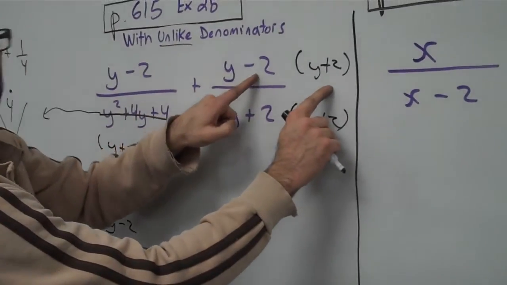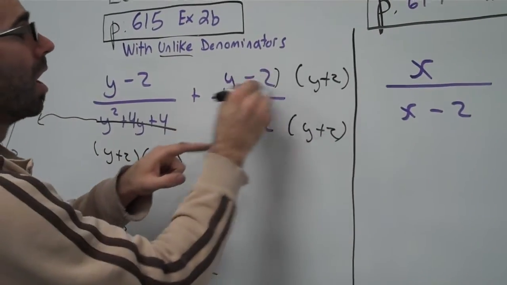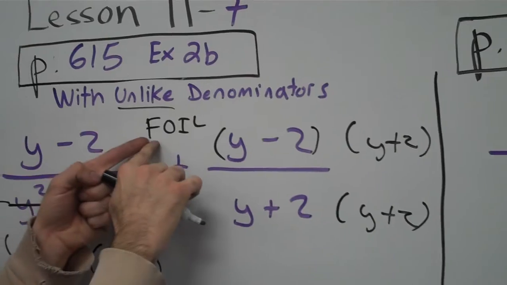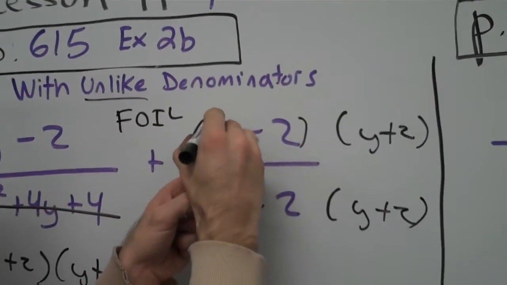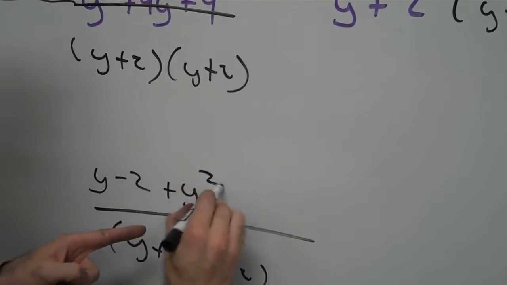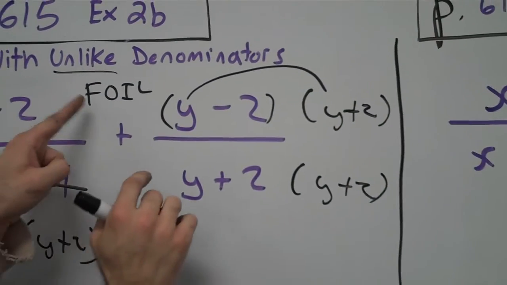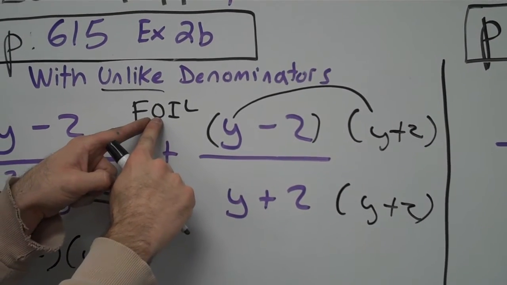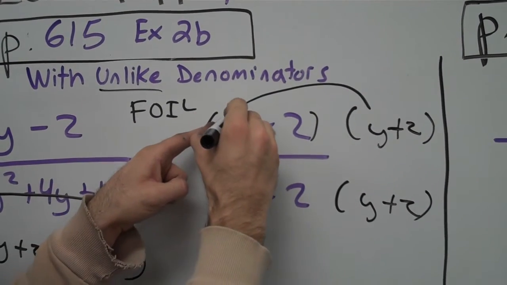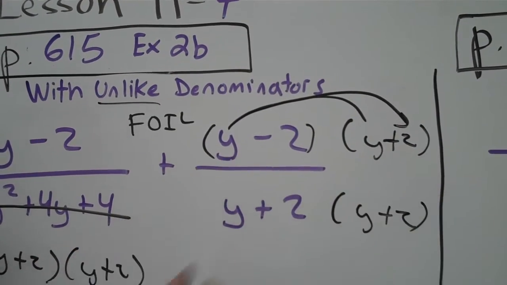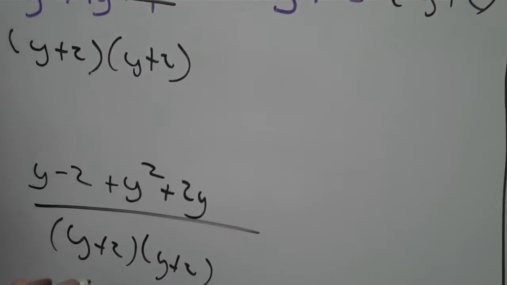But now we need to multiply this. And if we remember FOIL, F stands for first. So we multiply our first terms: y times y gives us y squared. Then O, the outside terms: y times 2 is 2y.